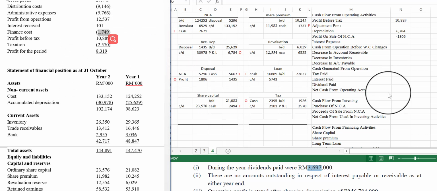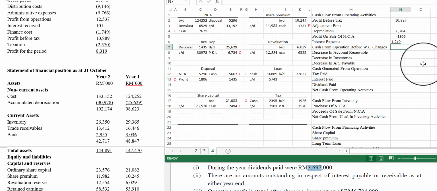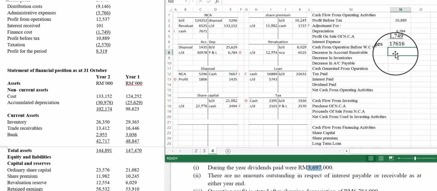You have 1749. Now previously it's a minus, so now you have to add back 1749. So the total cash flow before working capital change that you will have is basically, you should have 17616.